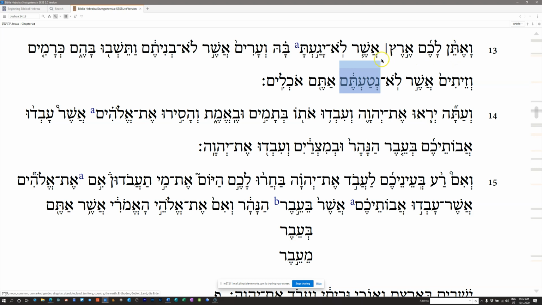I have given you a land in which you did not work, on which you did not work, and cities which you did not build in order that you may dwell in them. Period. Vineyards and olive trees which you did not plant, you are eating. So you are eating from vineyards and olive trees which you did not plant. All right, there we go.